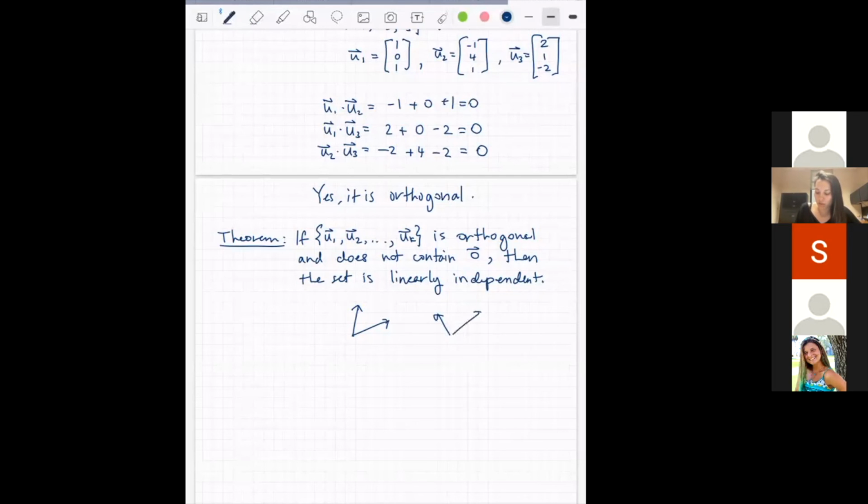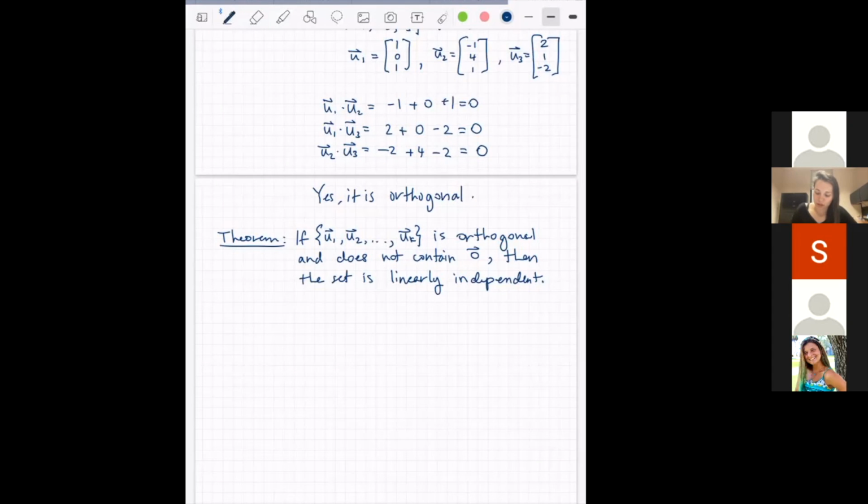So if these were orthogonal, they would be linearly independent. But that would mean the converse of the statement is not true, just because if the set of vectors are linearly independent, they're not necessarily orthogonal.